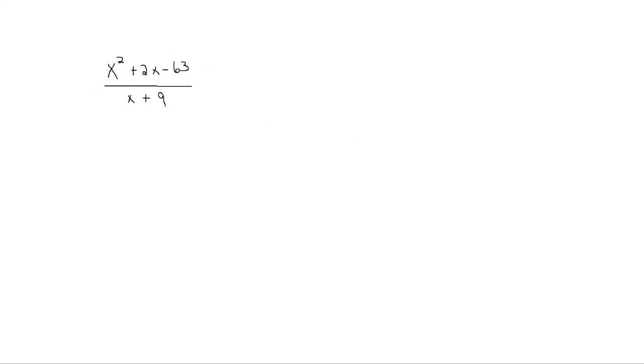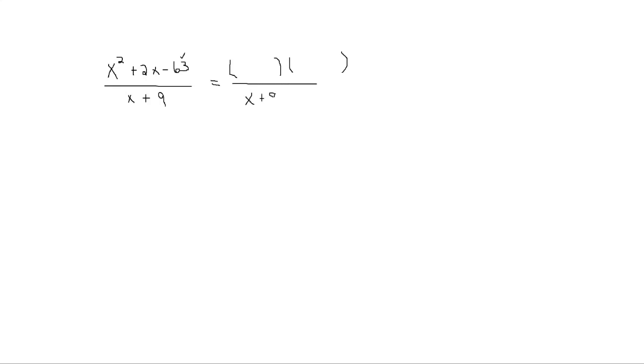I'm going to show you two ways to do this one because I noticed something about the numerator that's interesting. I know, for example, that 9 times 7 is 63. Numerator, right? I could factor that out. I'll keep the denominator the same.